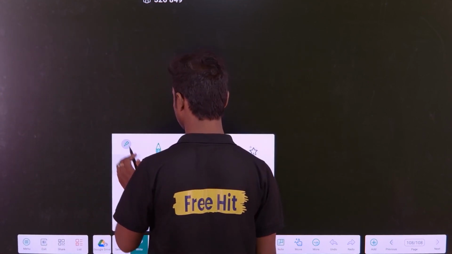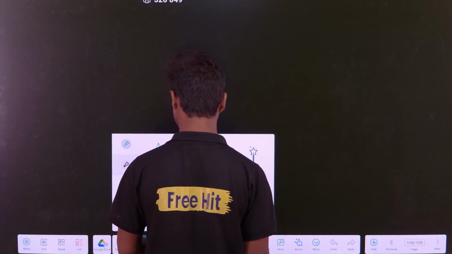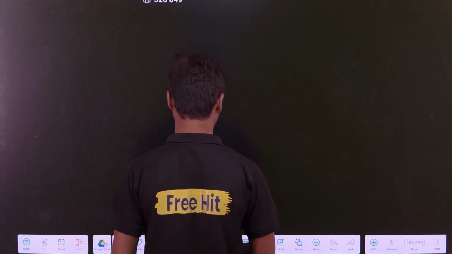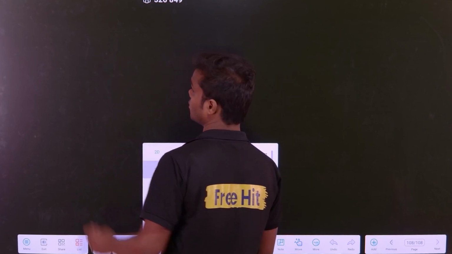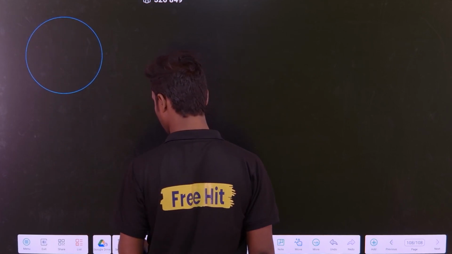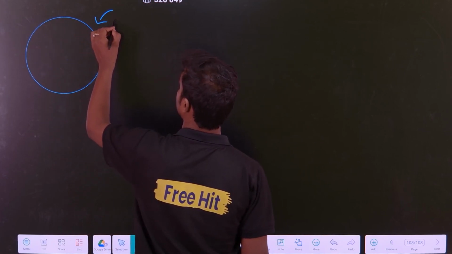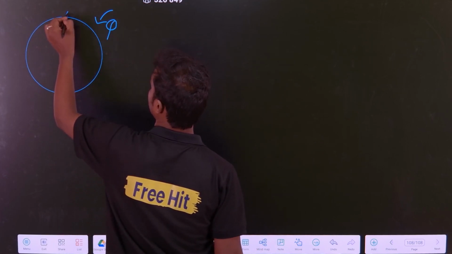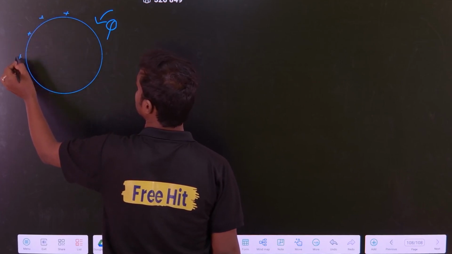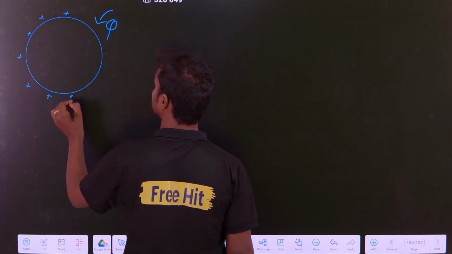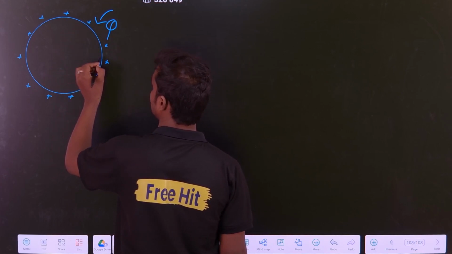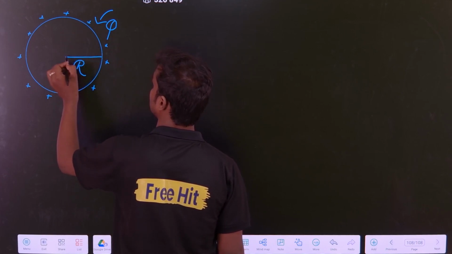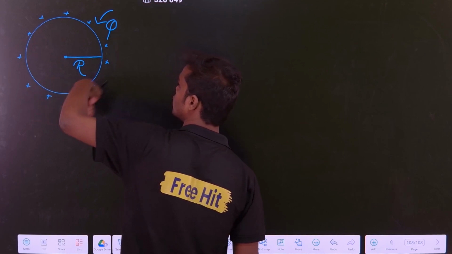That is why you will understand one thing: if you have seen some teachers, they will say suppose this is my sphere and I am giving a charge Q here, the charge will be uniformly distributed. Why is the charge uniformly distributed? Because the radius of curvature at every point is r only, it is the same, so the charge will distribute uniformly.